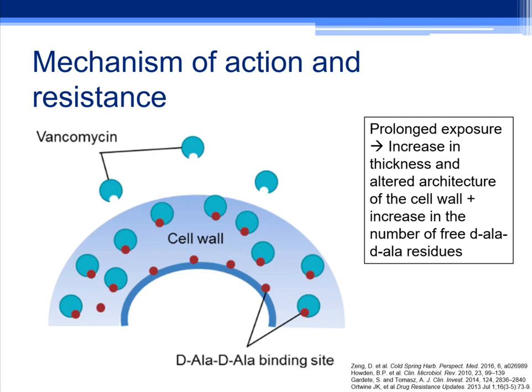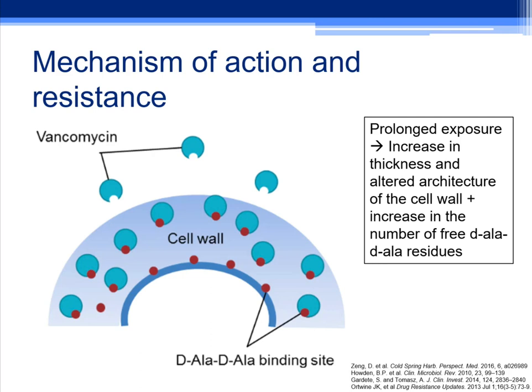A small example is shown on the screen where it binds within the cell wall. What happens with prolonged treatment or reintroduction of treatment is that you will get particular strains that have acquired several genetic chromosomal mutations. These mutations will mainly happen within the cell wall, within biosynthesis and the homeostasis of the cell wall.